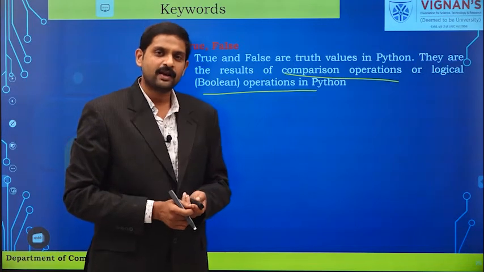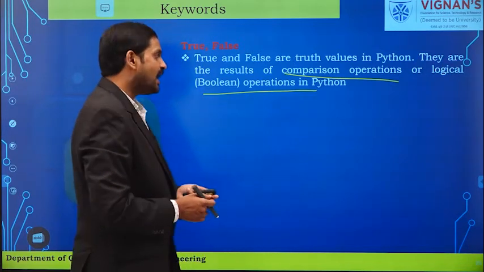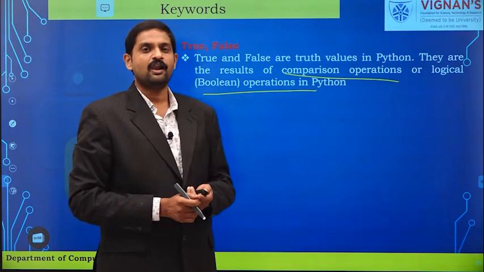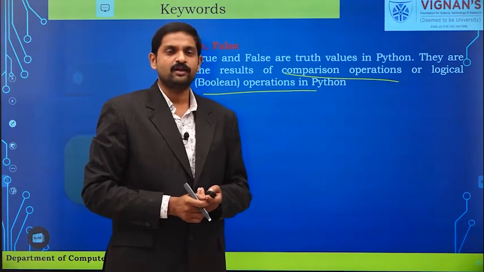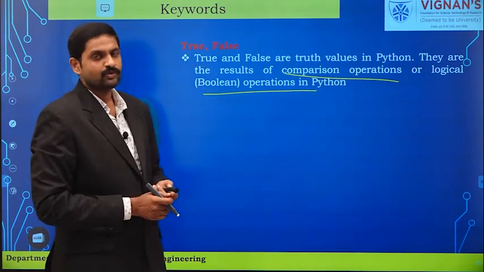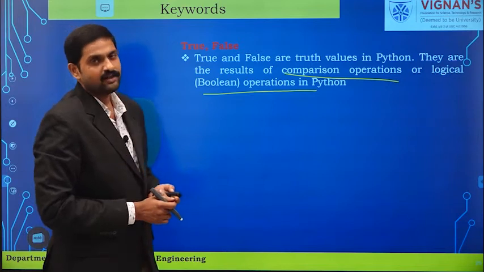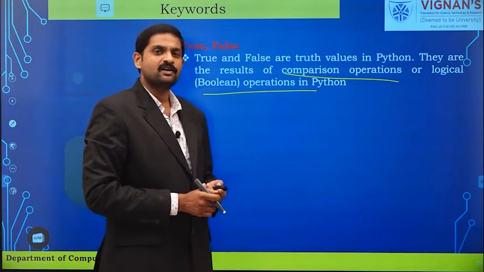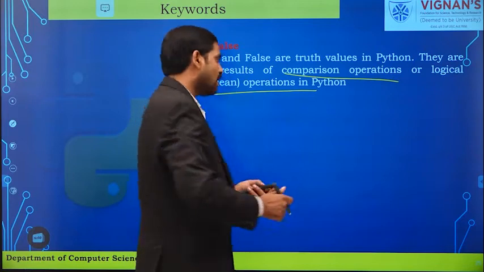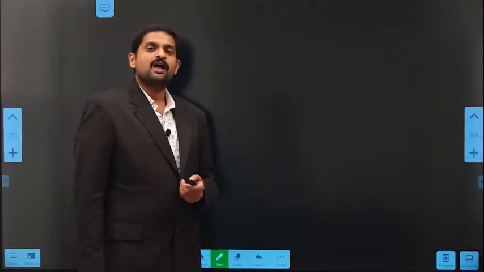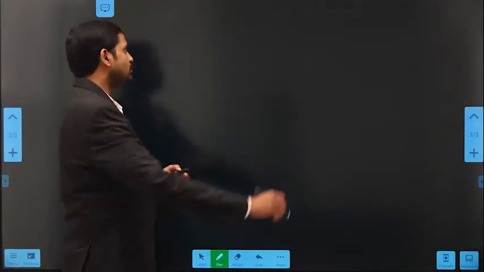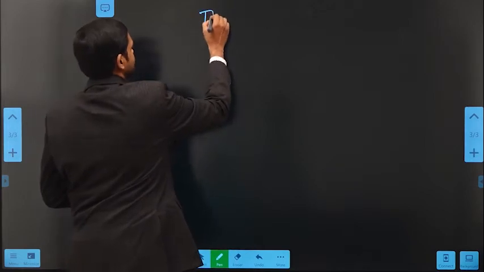What are the logical operators? And, or, not. Those are the logical operators. True and False are the truth values in Python, the results of comparison operators or logical operators. We will see a small piece of code for True, False.